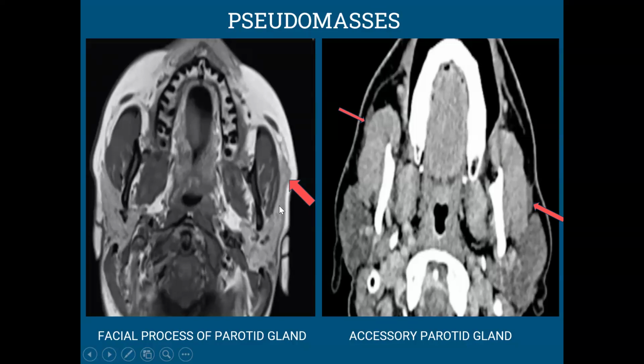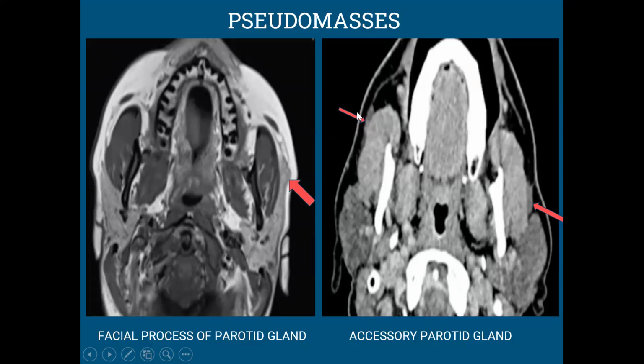The significance is that if we have any pathology arising from this process, it may be mistaken for a masticator space pathology. However, its origin is in the parotid gland. Another condition we can see here is the soft tissue along the masseter muscle on the left, and also here on the right side.